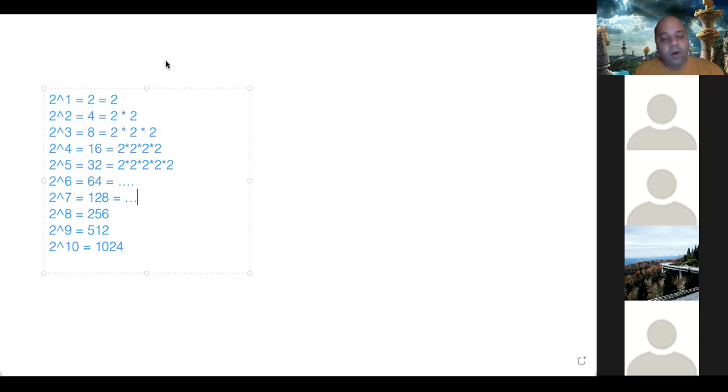Now, do you also get the idea that 2 raised to any number, I will give a variable name, I'll not tell exactly what the number is, 2 raised to a, multiplied by 2 raised to some other number b, is the same as writing 2 raised to a plus b?